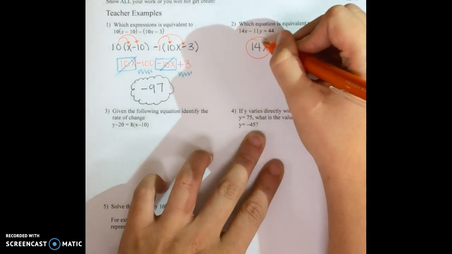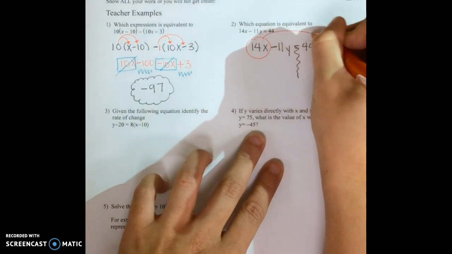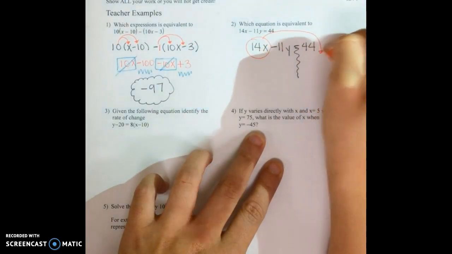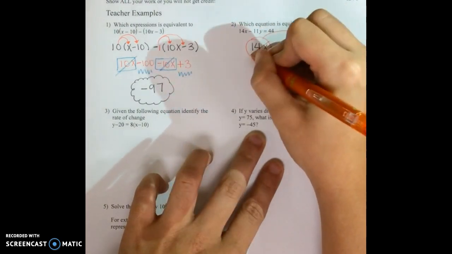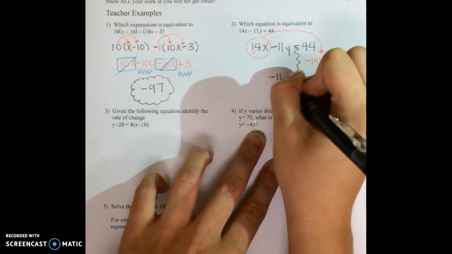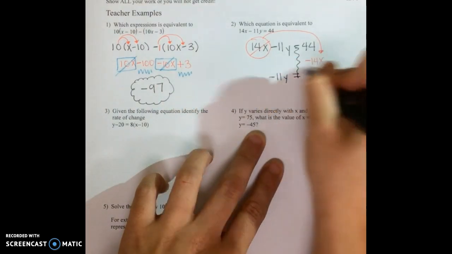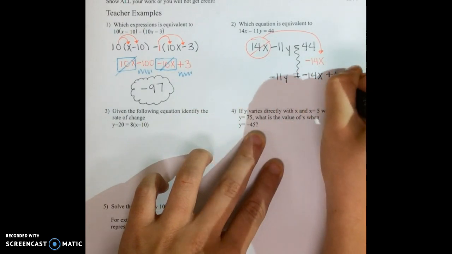If it was a positive here, in order to move it, I had to make it a negative. So right here, we're going to write it as minus 14x, and it cancels out. So I end up with negative 11y equals negative 14x plus 44.